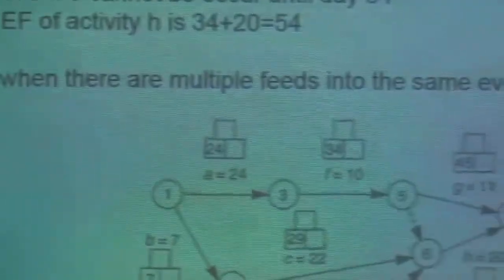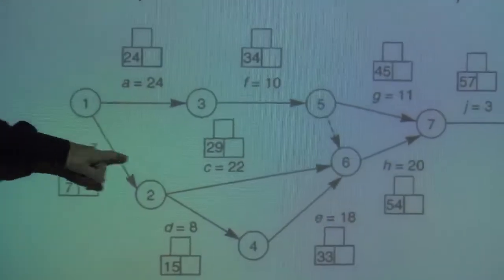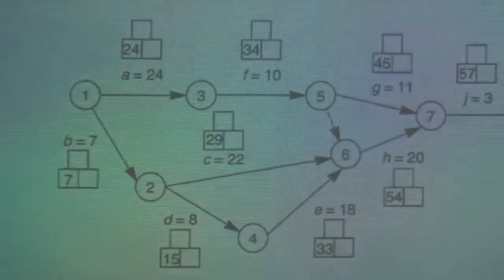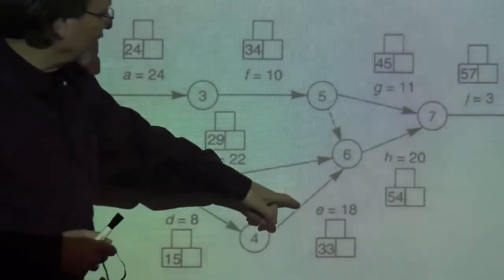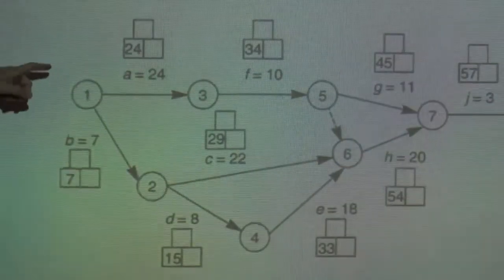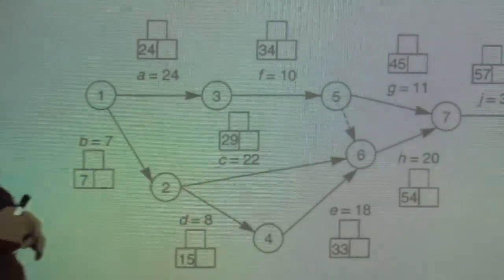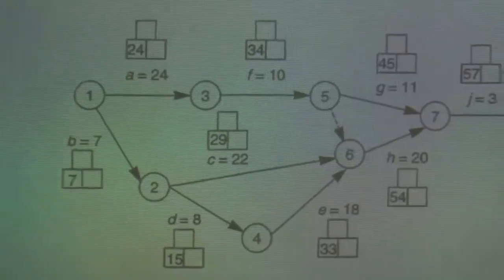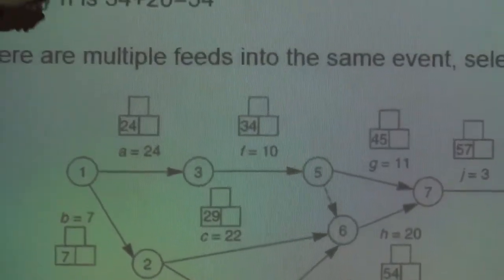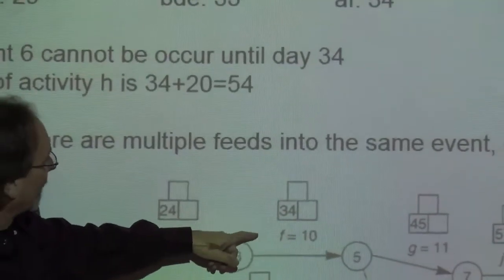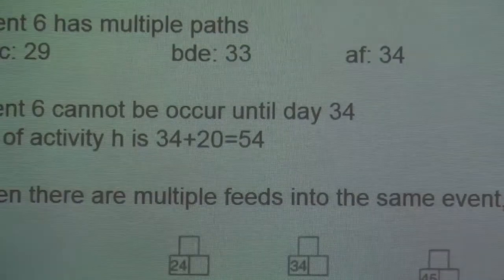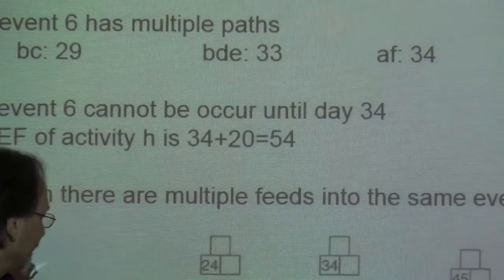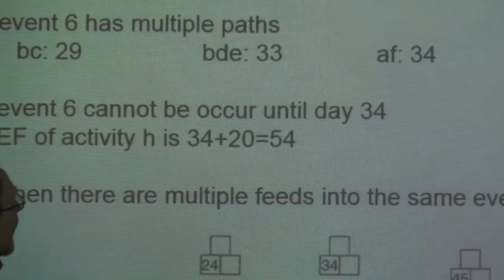You can get there by BC. You can get there by BDE, B, D, and E, or you can get there by A and F. The duration for each one of these is, for A and F, 24 and 10, that's 34. For B, C, that's 29.